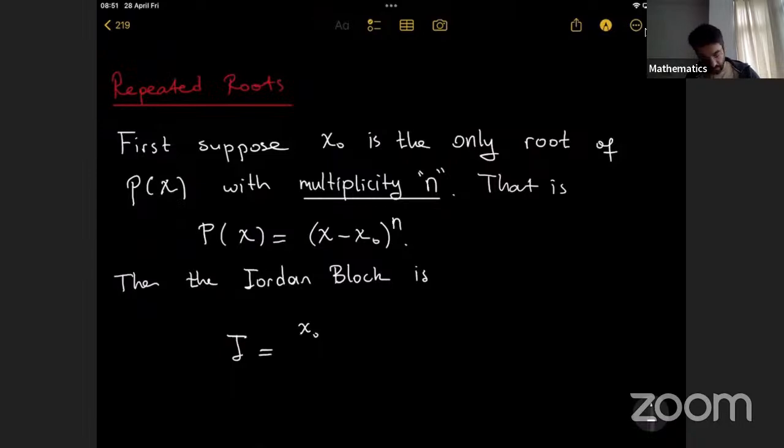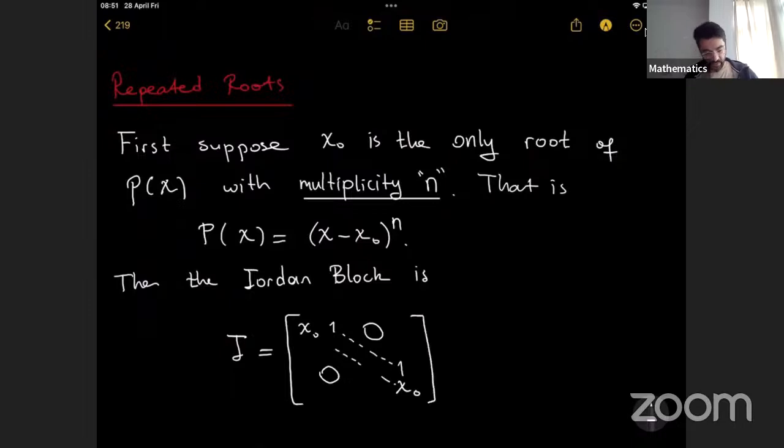Just above the diagonal, we have ones. Otherwise everywhere we have 0. So this is the Jordan block corresponding to this lambda 0.